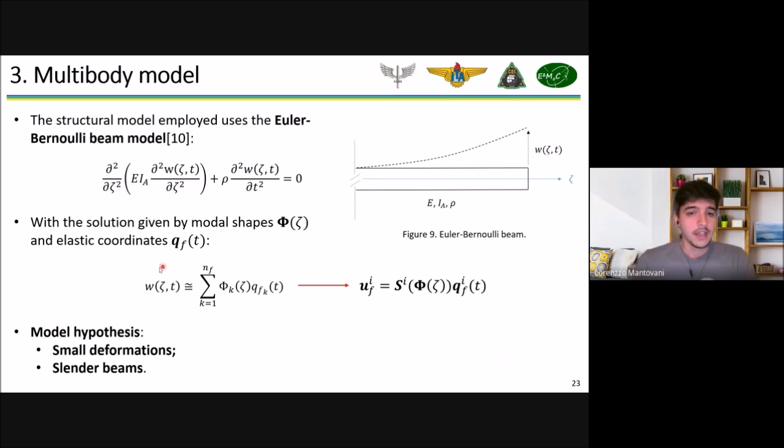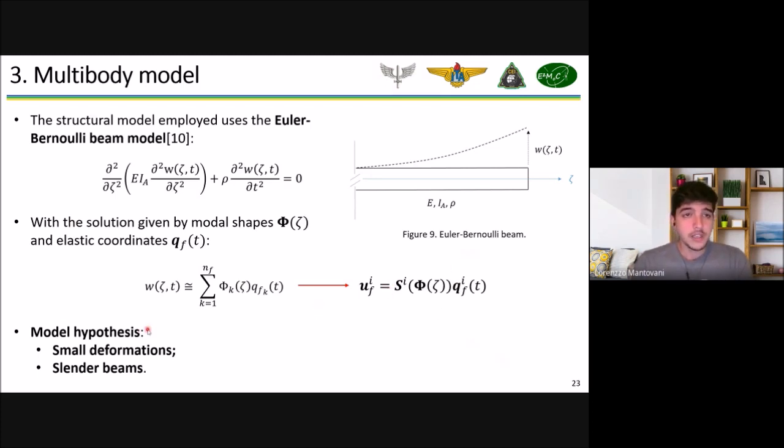We can separate the solution into a mode shape solution and the time coordinate solution. And the final solution is the summation of these two separate solutions. Ideally, it should go from 1 to infinity, but that's not feasible, so we can truncate it at nf terms and write it in a matrix way, where then we have that mode shape matrix that I showed you before.